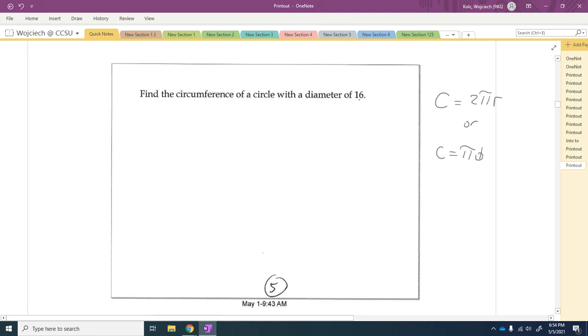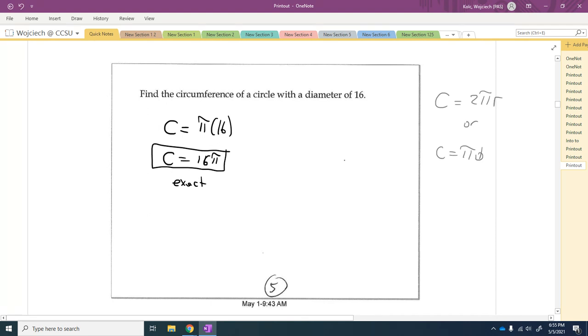So in this case, I have diameter of 16. So circumference will be equal to pi times 16. In mathematics, we don't say x times 2, we say 2x. So circumference equals 16 pi. All right, if you write it this way, this will be called exact. Okay?